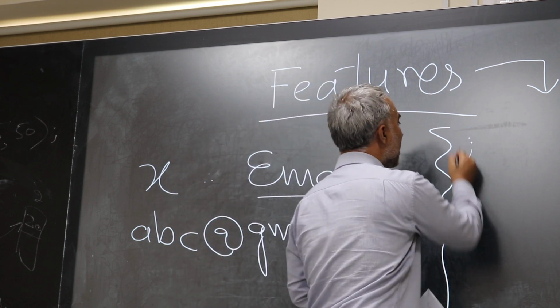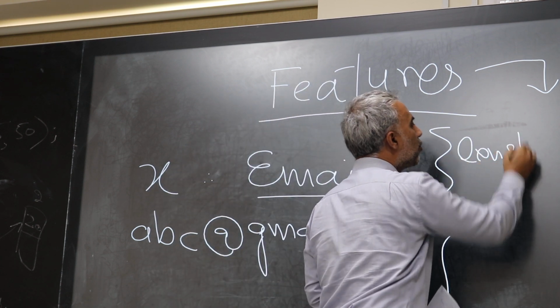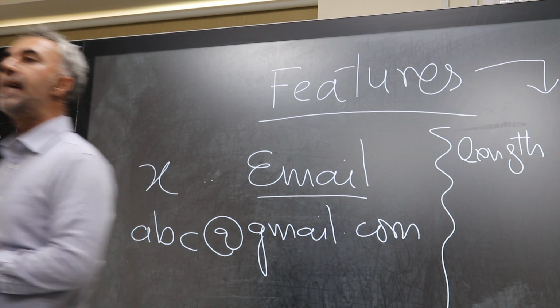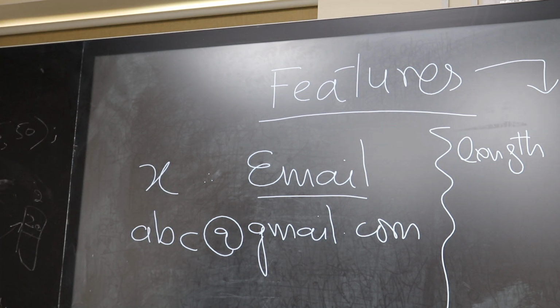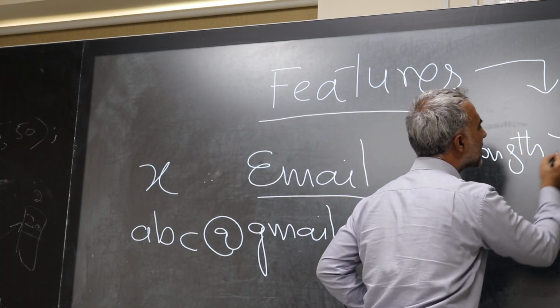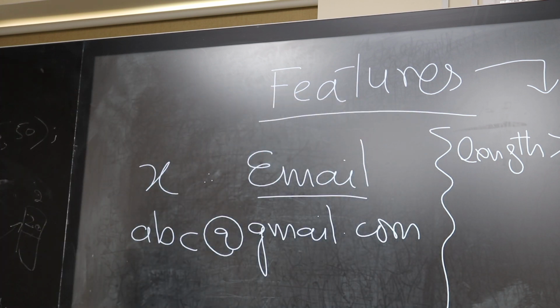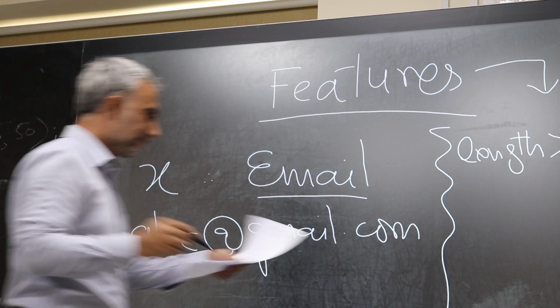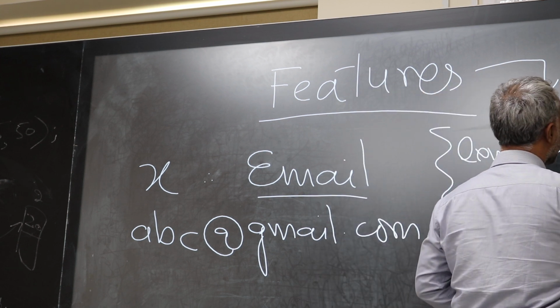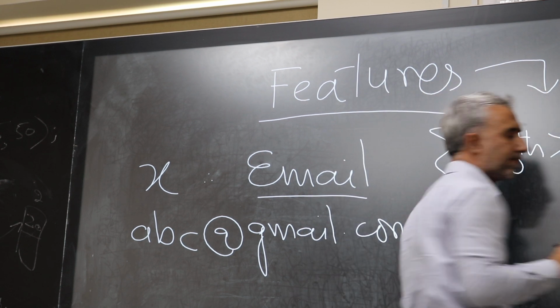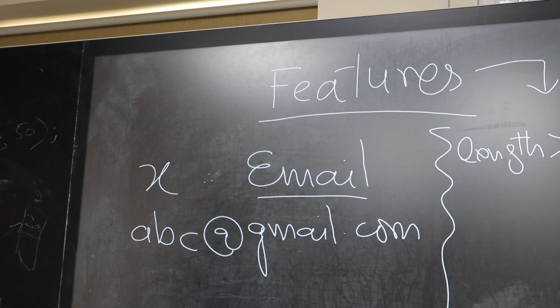Just try to understand. Length. You need to set some length of a particular email. For example, being a computer science or data science student, you should remember this length must be greater than 10 words, or 10 alphabets. Then you say, okay, that's fine. You are giving the one feature.